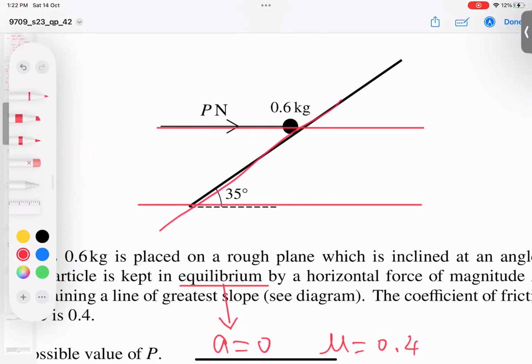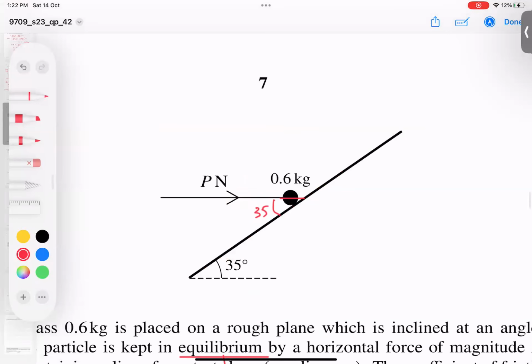And this line cuts, so this angle and this angle are the same. So I'm writing here 35. Whenever you're pushing any object, there are two components, one parallel to the surface and one perpendicular to the surface. Make sure this 35 and this 35 are the same. So I'm writing here 35.